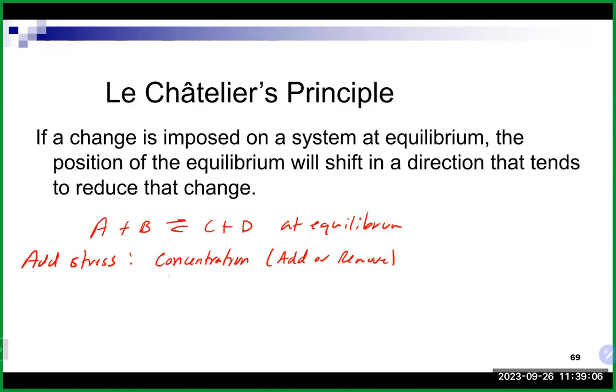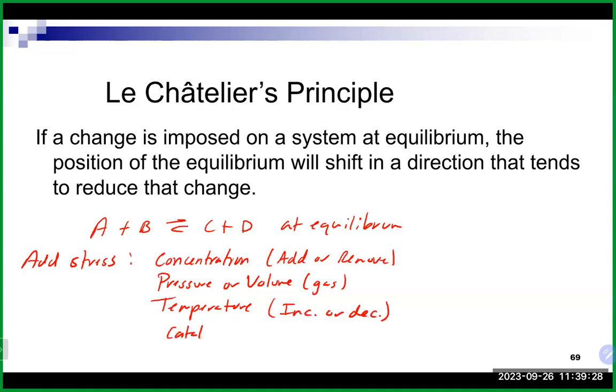It could deal with the pressure or volume if you're dealing with some type of gas equilibrium. It could also deal with the temperature, either increase or decrease the temperature. And also a catalyst, possibly.